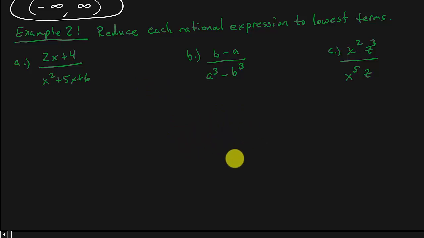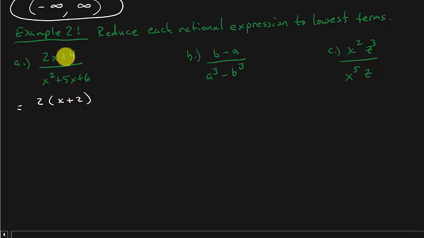All right, so the first thing you do whenever you're reducing a rational expression, if you can, you factor it. You factor everything, okay? So let's look at the first one. If you look at the numerator, I can factor out the greatest common factor.